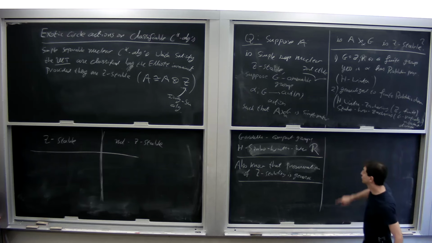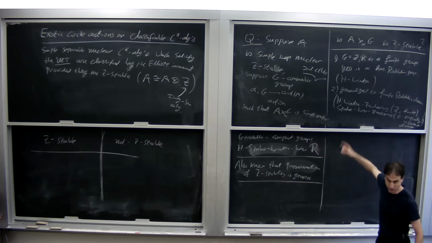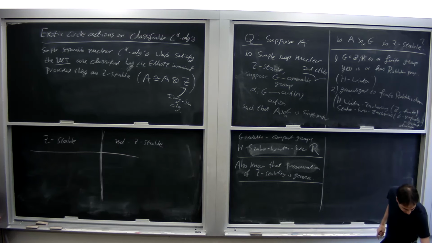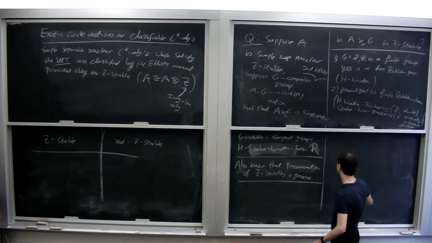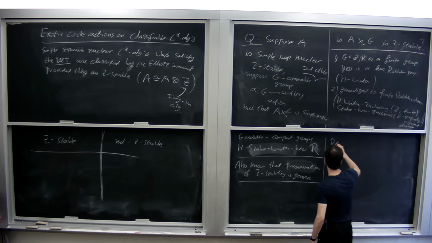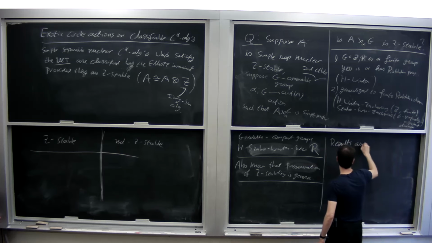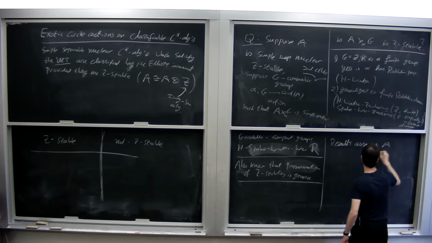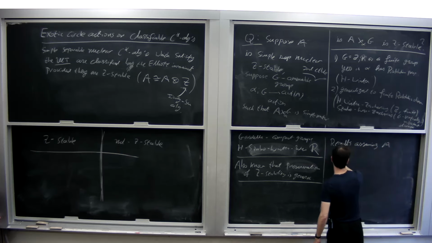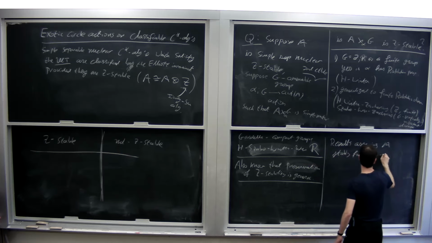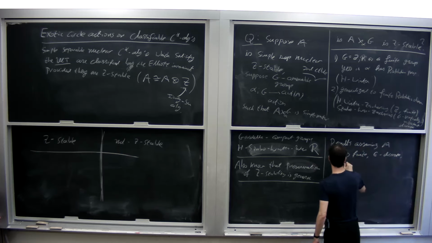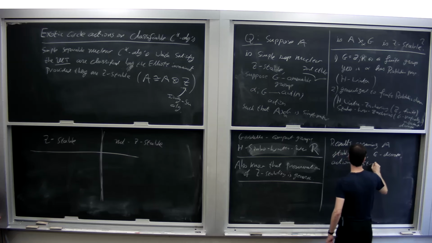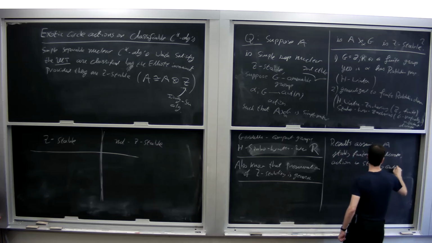So further results. These results actually don't assume that A has to be simple. So assuming A is stably finite, G is discrete, and the action strongly outer.